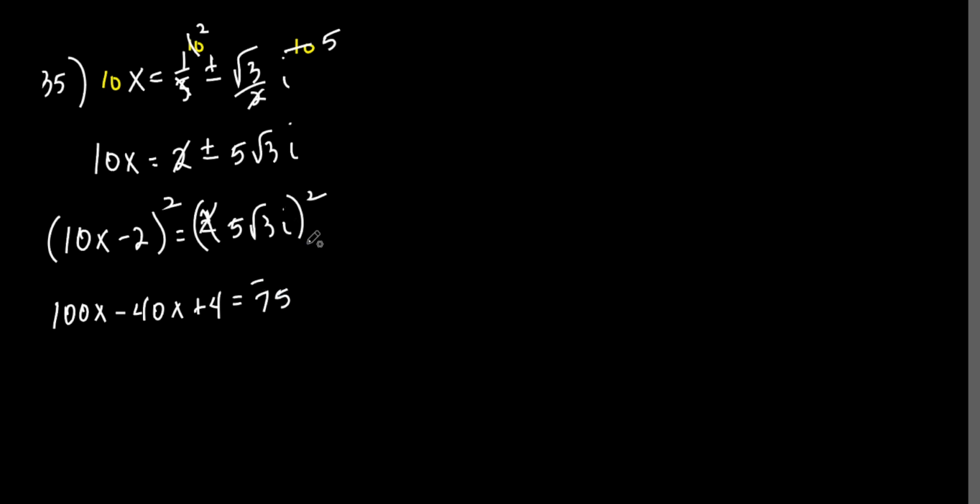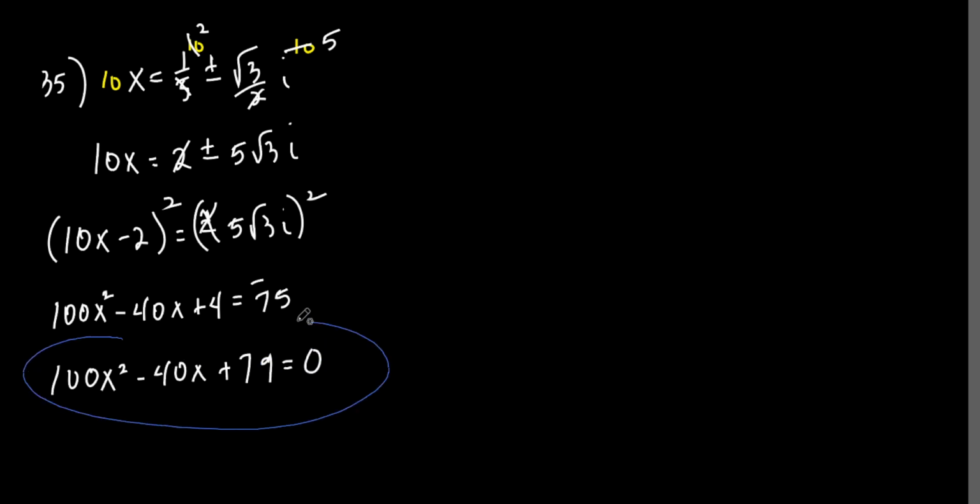What does that do to this? Okay. 100x squared minus 40x. Add a 75 to both sides. And I get 79. Plus 79 equals 0. Is that the answer? Yeah. Okay. We covered everything. That's not so bad.